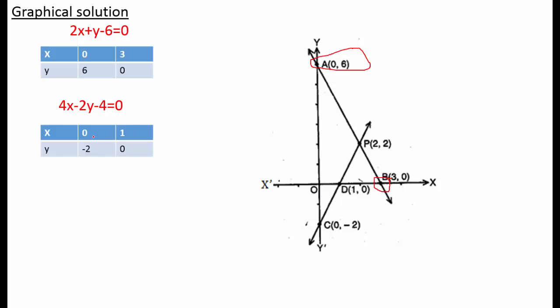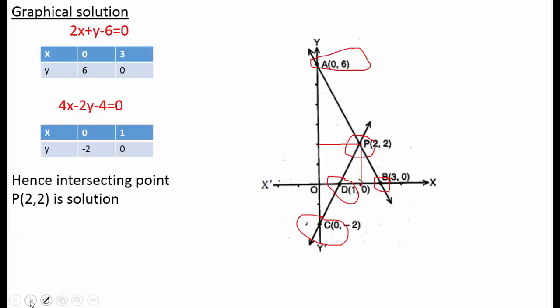And for x 0, y minus 2, this is here, and for x 1, y 0 this is here, and joining these two points, this will represent the equation 4x minus 2y minus 4. This is the intersecting point, and you can find the point by drawing perpendiculars on the x-axis and y-axis, and this is 2, 2. The intersecting point is the solution, and the intersecting point is 2, 2.